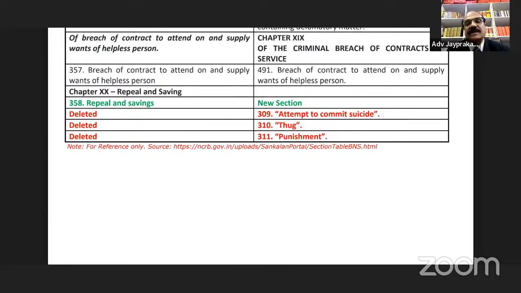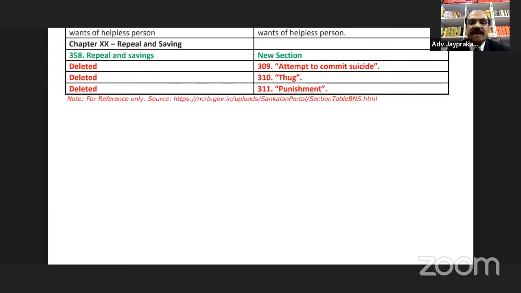Earlier, this was an offense, 309, attempt to commit suicide. Now, attempt to commit suicide is not an offense, but to motivate somebody to commit suicide, that is an offense. Then thug, punishment, etc. 303, 310 and 311, all these are related to the attempt to commit suicide.